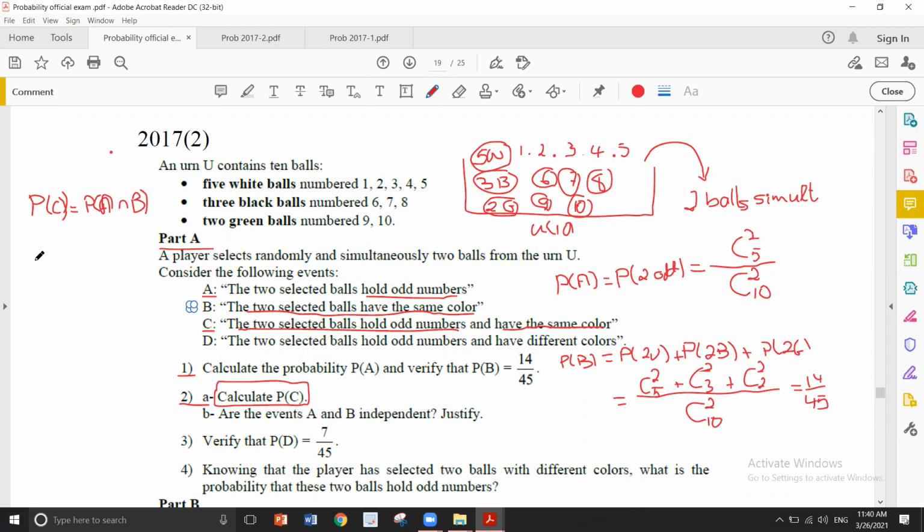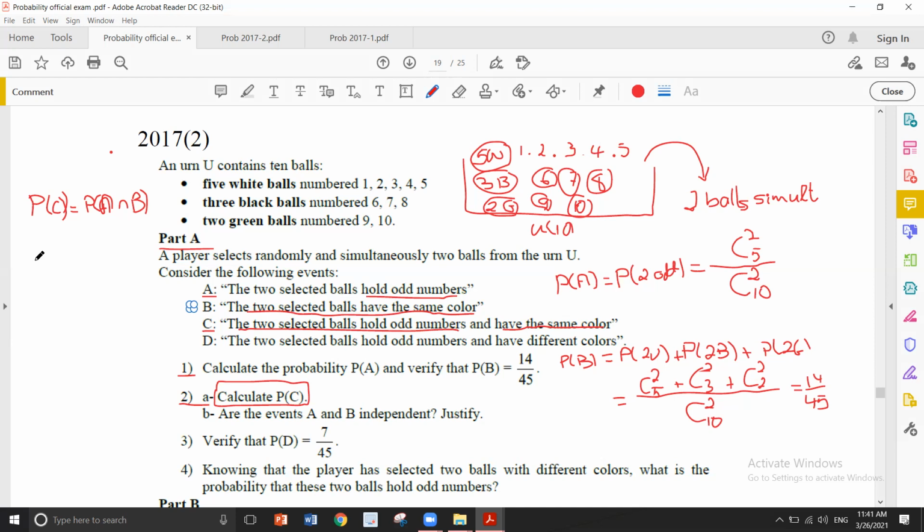Who can describe the situation? Do we multiply? No. The probability of A intersection B is the probability of A times the probability of B given A, but you should see directly what's meant. What is A intersection B? Hold odd and have the same color.